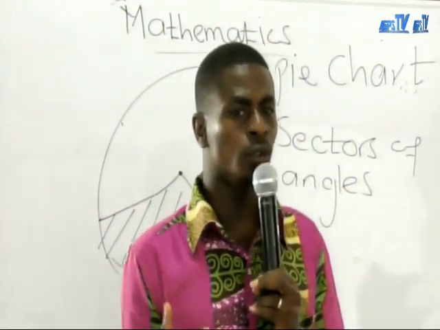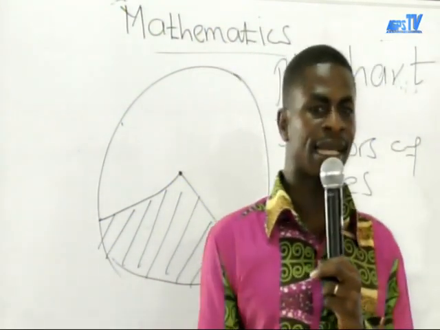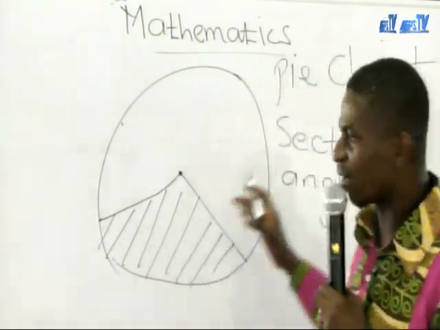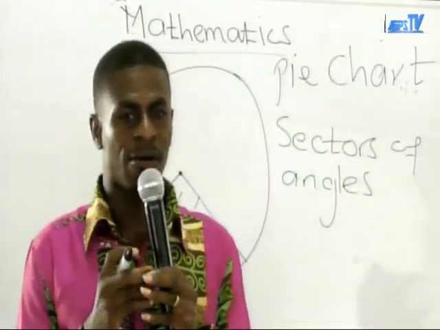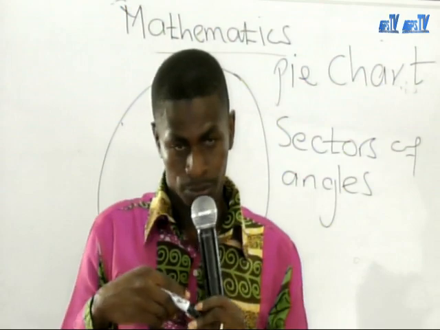And so how do you process and present information graphically on a pie chart? To do that, let's take our first example.